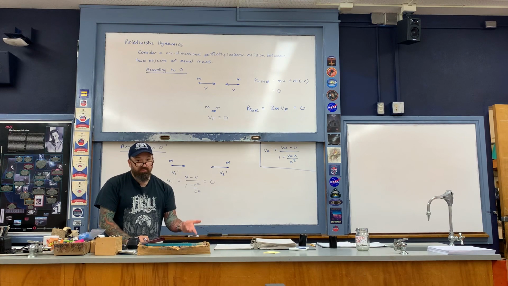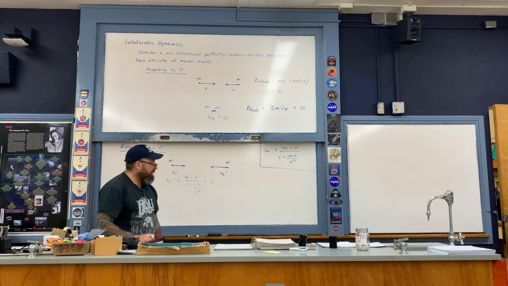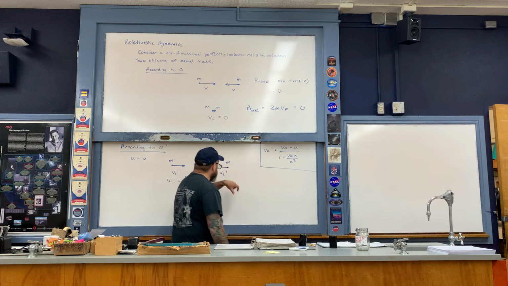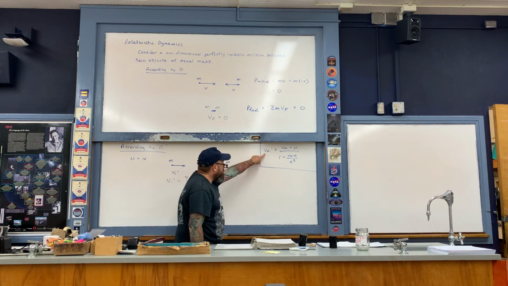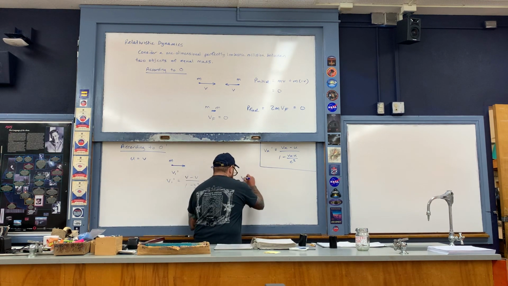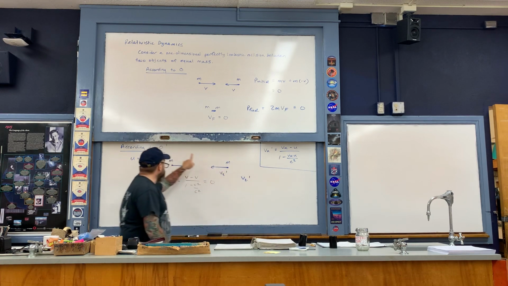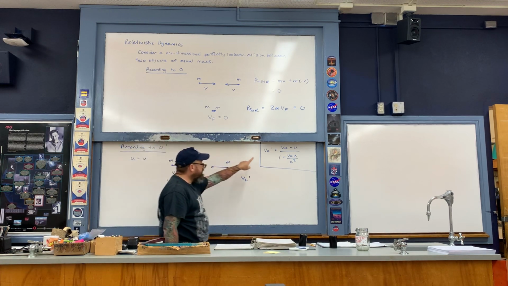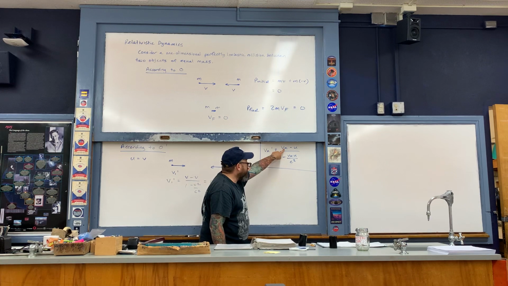In order to calculate it, we have to use the Lorentz transformation. So then here's how we apply the Lorentz transformation for this object here. This will be now v2 prime, the velocity of this object relative to this observer, and that's then equal to the following. This right here now is the velocity of the second object relative to the stationary observer up on the top board.